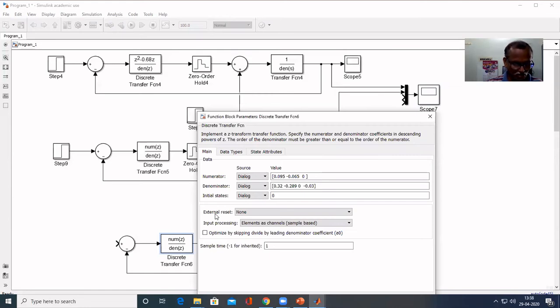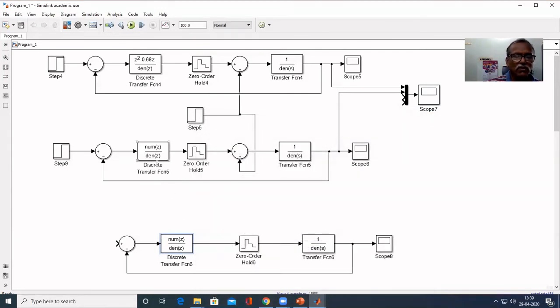The numerator is 0.095 z square minus 0.065 z, and the constant term is 0. Denominator is 0.32 z cube minus 0.289 z square, the z term is 0, and the constant term is minus 0.03, and the sampling time is 1. So this is ready for simulation.